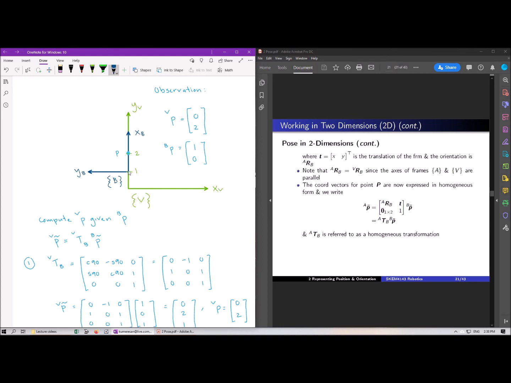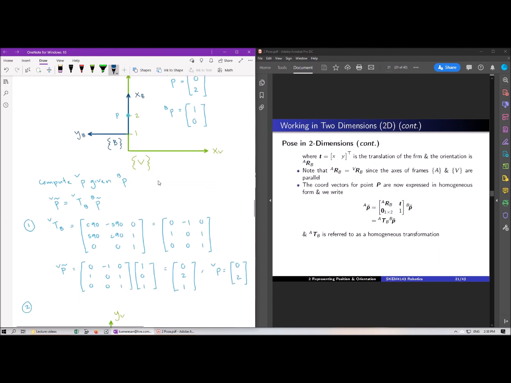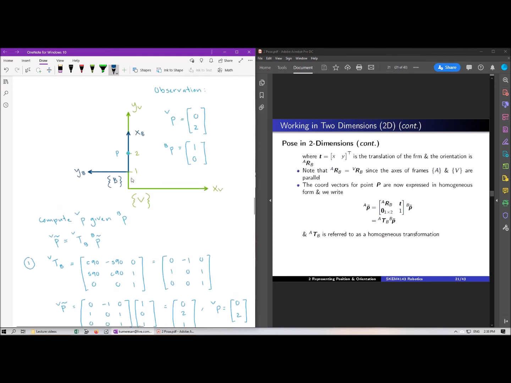Even though the origin is not the same, as we have learned earlier, note that RBA equals RBV since the axes of frames A and V are parallel. So when it comes to rotation, it doesn't matter where it is; you just refer to the coordinate axes.